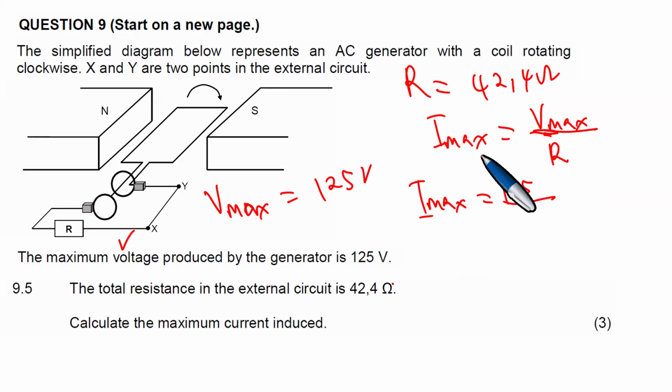So that I max is V max over R, but V max is already 125. The R is 42.4, which means that I max.